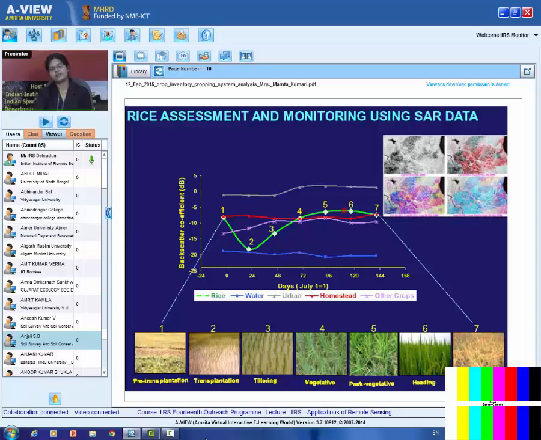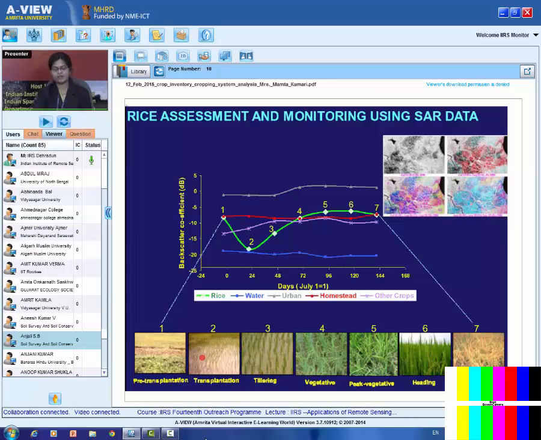Now I will discuss the principle behind the discrimination of rice with respect to other crops. This is the pre-transplantation phase, where there is no crop, but only exposed soil. And this is the transplantation phase. Backscatter value is very low in the water ponding condition because it gives the specular reflectance.